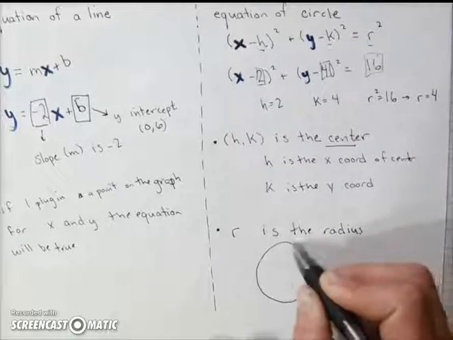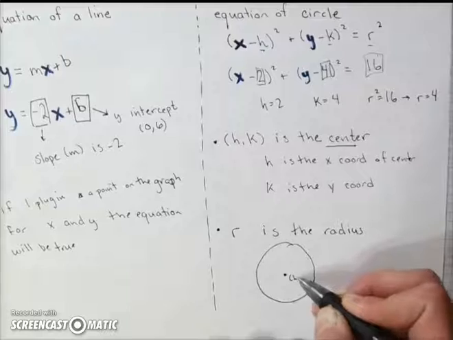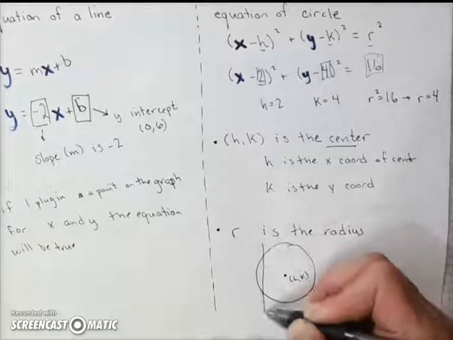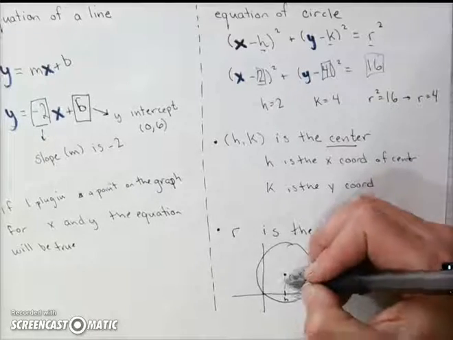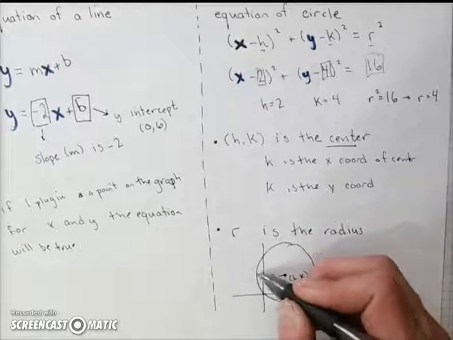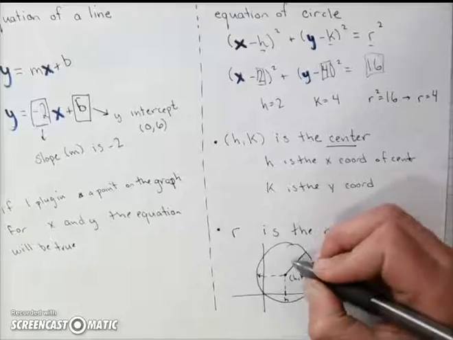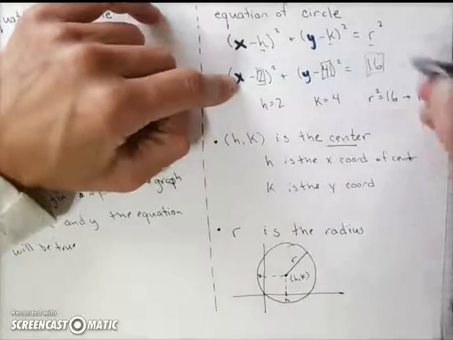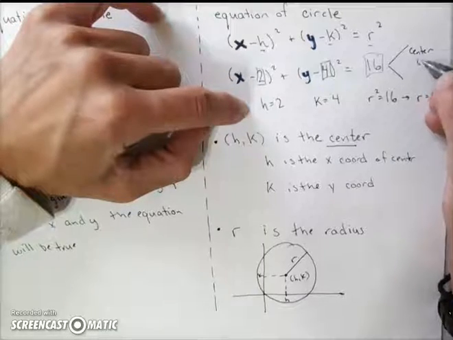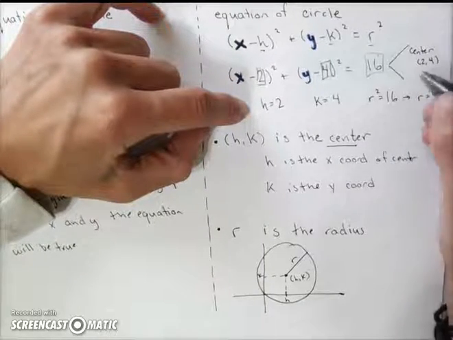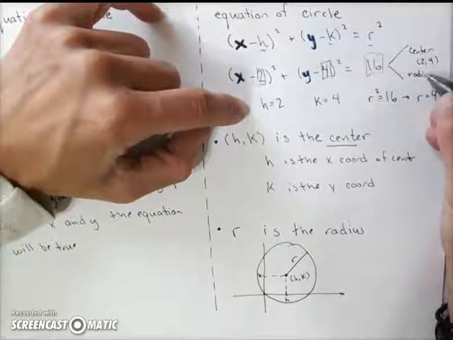My circle will have center (h, k). So if these are my axes, then this is h and this is k, and it will have radius r. So in the example here, what I learn is that the center is at (2, 4), and the radius is 4.